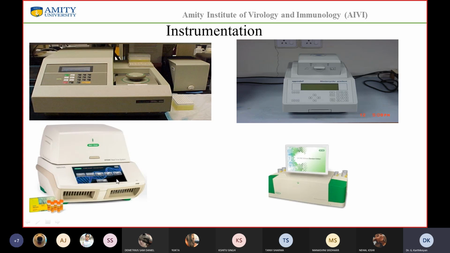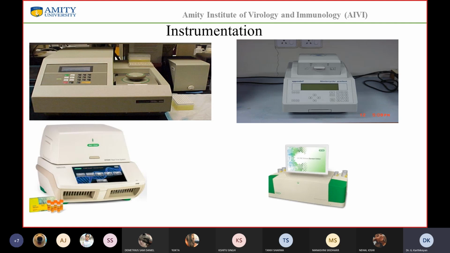Okay, you now have an advanced version of real-time PCR, which is called digital droplet PCR. Again, it happens to be from Biorad, but many other companies are also doing the same digital droplet PCRs. These are very useful in quantification. For example, in the current pandemic, some people may have a very high viral load, some people may have a very minimal viral load.